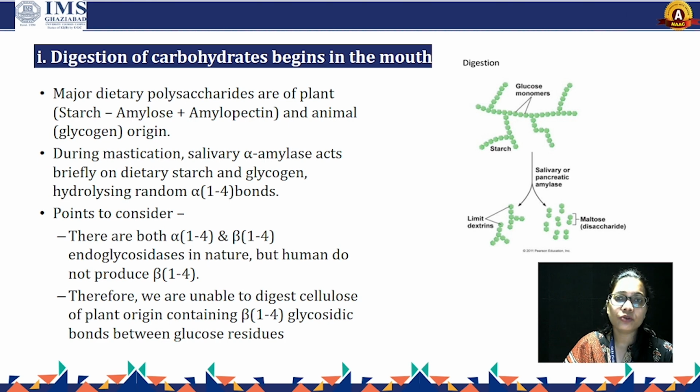That's the reason why we are unable to digest cellulose. So this is the basic chain: we consume glucose monomers or polysaccharides, for example starch, and by the action of salivary amylase and pancreatic amylase we get limit dextrins or maltose units. These will be further converted into simpler forms in the small intestine.